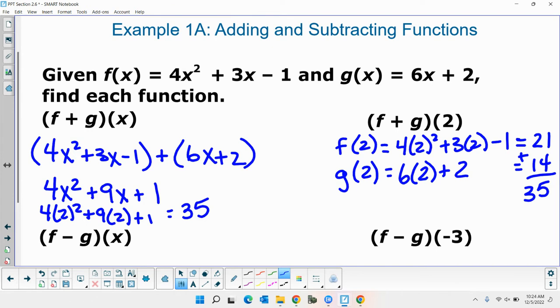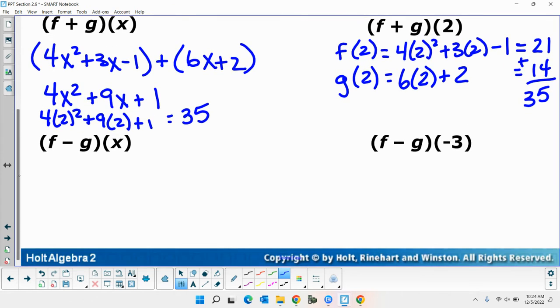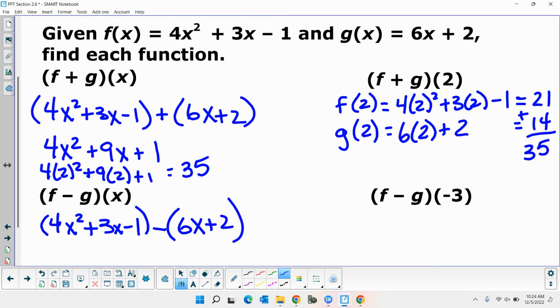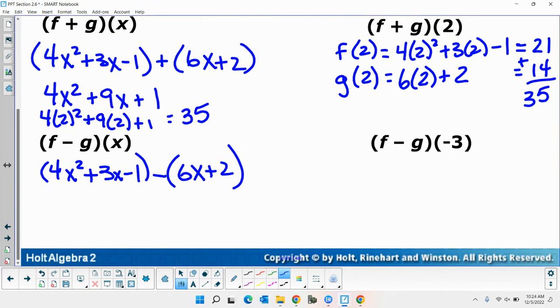So, this one, same 2 functions. f is 4x squared plus 3x minus 1, minus 6x plus 2. Jack, go ahead and subtract those for me, please.